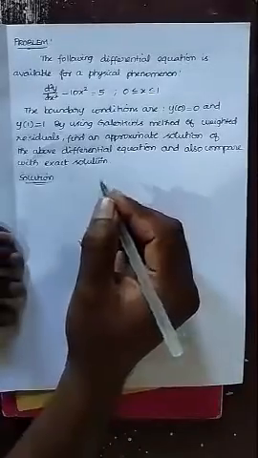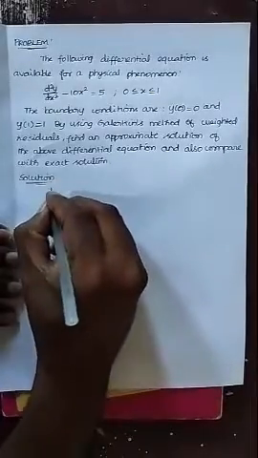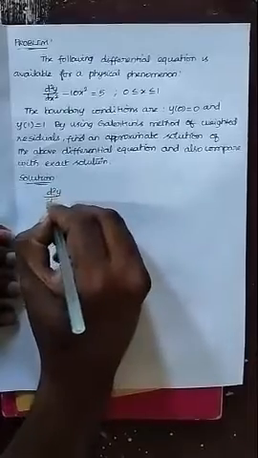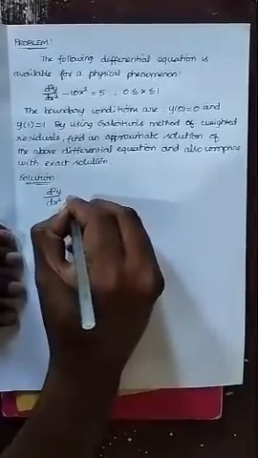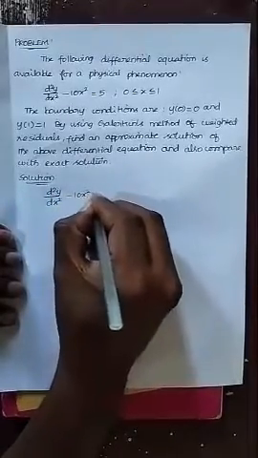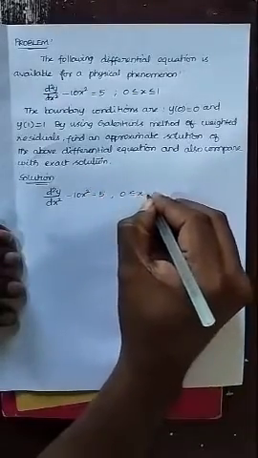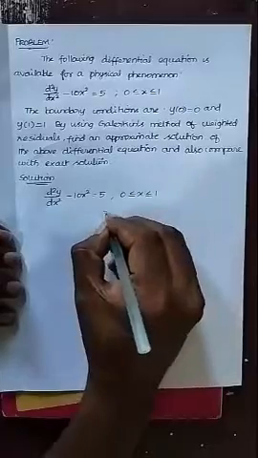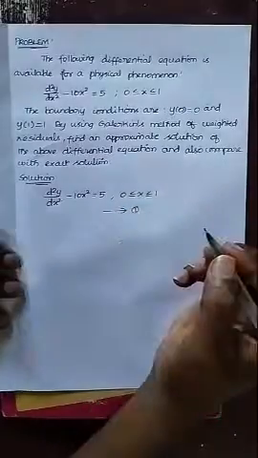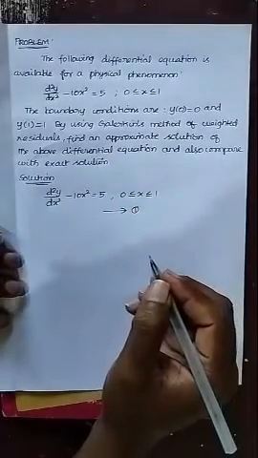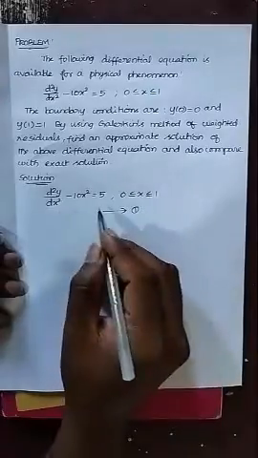The given governing differential equation is d square y divided by dx square minus 10x square is equal to 5, between the limits 0 to 1. We can keep this as equation 1. In the problem, we are asked to find the solution for this differential equation.